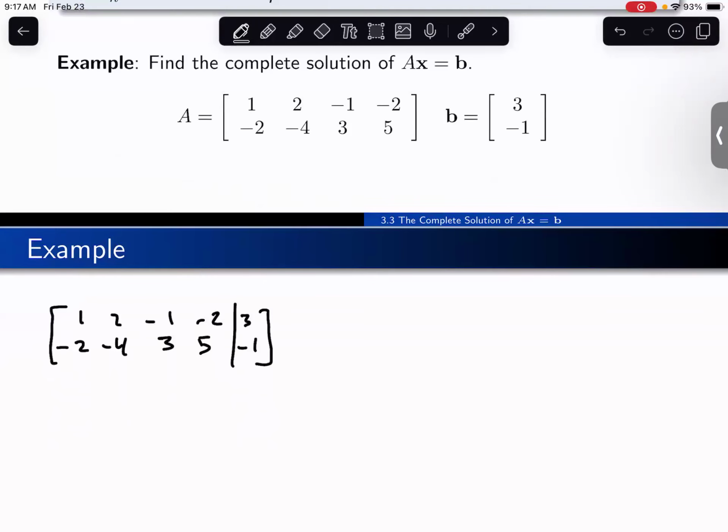So if we wanted to solve the system of linear equations, we're going to put this into reduced row echelon form. The first thing we can do is multiply the first row by 2 and add it to the second row. If you were to do that, you would get 0, 0, 1, 1, 5.